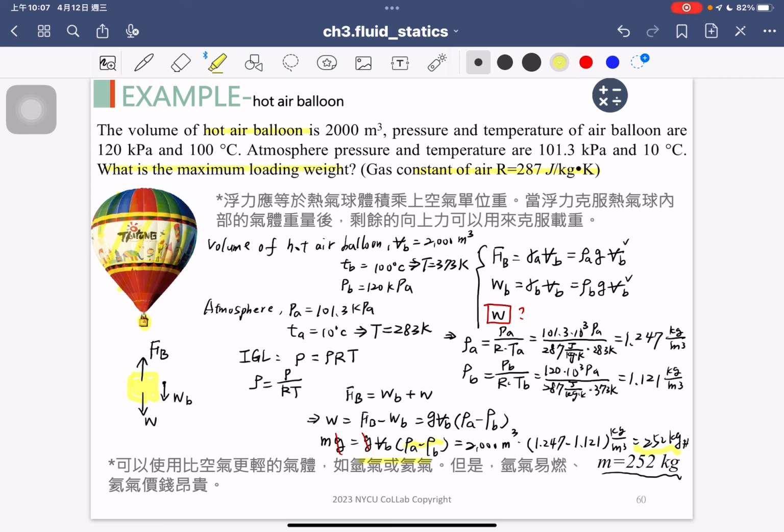But I would like to emphasize one idea for the buoyant force: you have the gamma of the liquid, so you need to know what kind of liquid is in your system. And you need to consider the displaced volume of the body. You don't need to consider the whole volume of the body, you only need to consider the displaced volume. And then you can compute the buoyant force. That is the final exercise for the buoyant force.